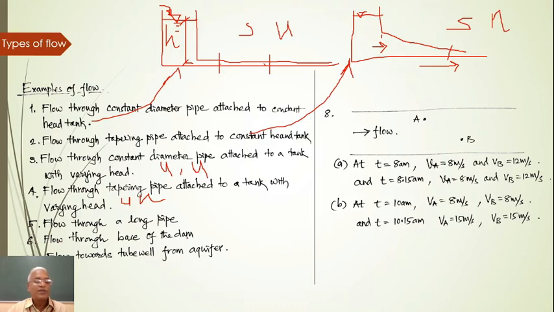Flow through the base of the dam will be 2D flow. Generally whenever there is a dam, there will be water standing, and this standing water will penetrate into the ground, gradually move, and move out.